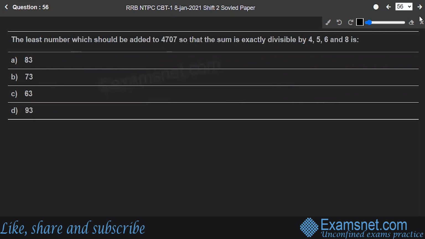Next, question number 56. Least number which should be added to 4,707 so that the sum is exactly divisible by 4, 5, 6, and 8 is? So the least number which should be added so that it's exactly divisible by all of them. For that, I have to find the LCM of 4, 5, 6, and 8.